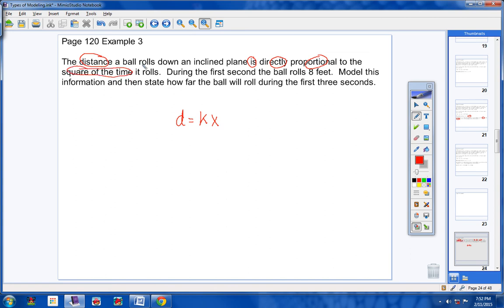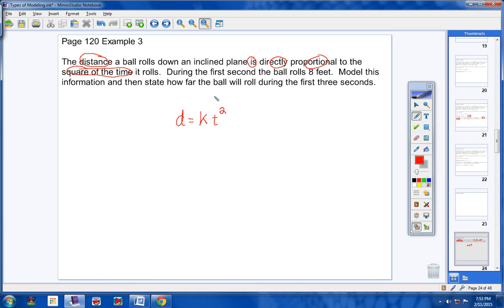So I'm not going to use x here. I'll put a filler until we put in t, for time. So distance is directly proportional to the square of the time. That's exactly what you want.